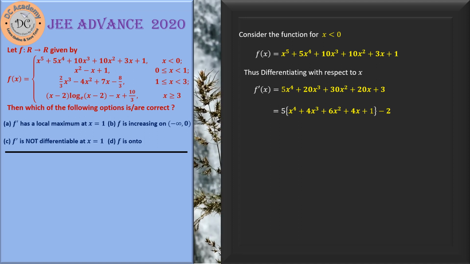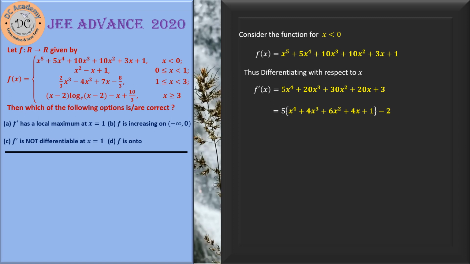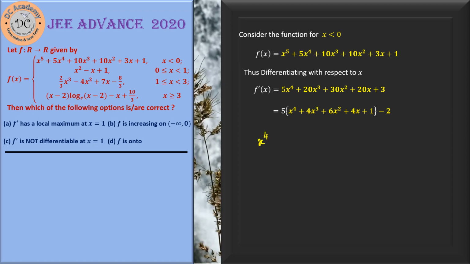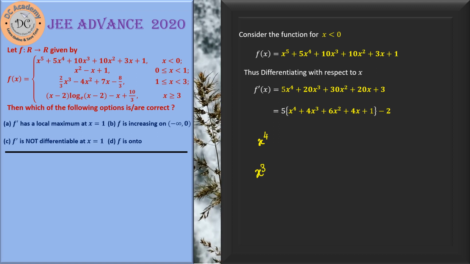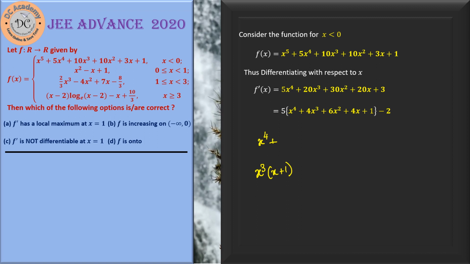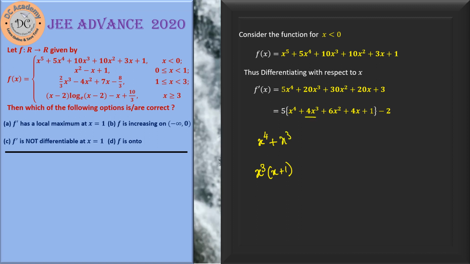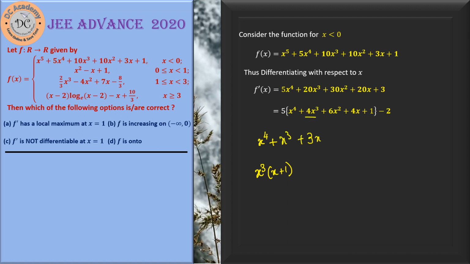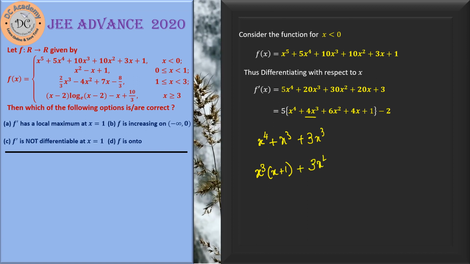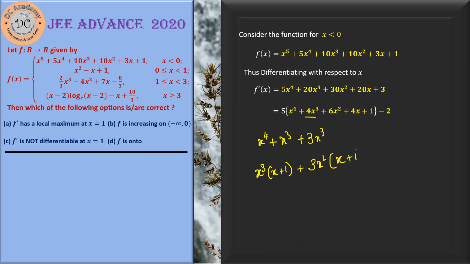Now as x plus 1 is a factor, we can easily rewrite the expression. To get x plus 1 as a factor, we take x cubed common. So we write x cubed here, with the term 4x cubed, so I write 3x cubed here. Now to get x plus 1 as a factor, we take 3x squared common. So we'll have x plus 1.